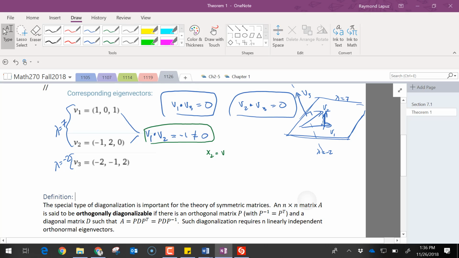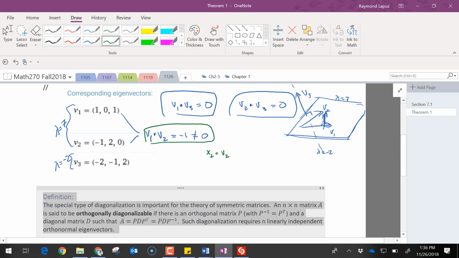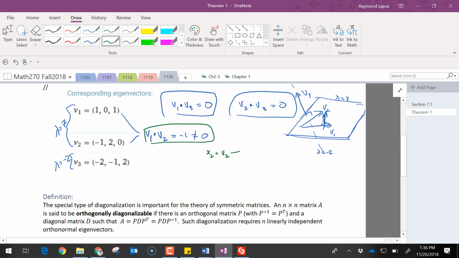But in any case, let's translate this to V's and X's that we're going to use. So V2, or the new V2 that's perpendicular to V1, let's call it X2. That's equal to V2 minus the projection of V2 onto V1: V2 dotted V1 divided by V1 dotted V1.